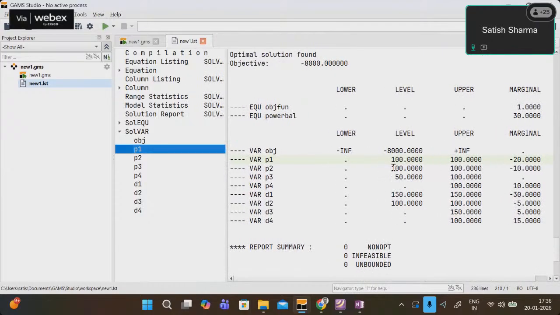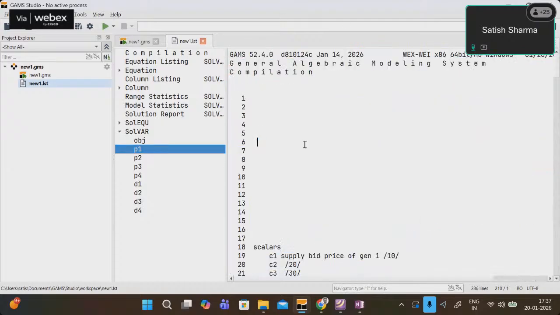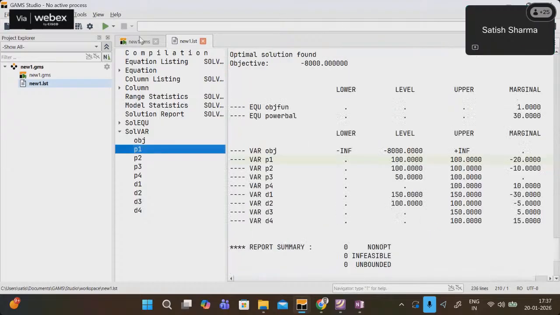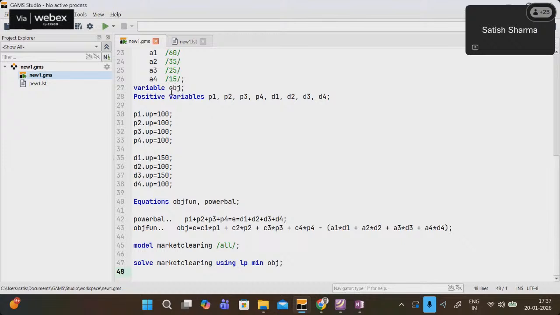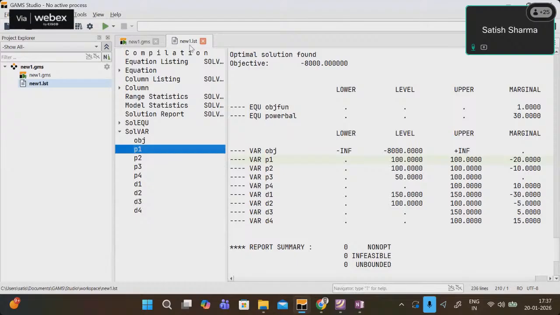We have defined different variables, right? One, obj, was a free variable; others are positive variables. So obj is a free variable, so the lower limit is minus infinity and the upper limit is infinity. Then we have defined p1 as a positive variable, so this dot represents 0.